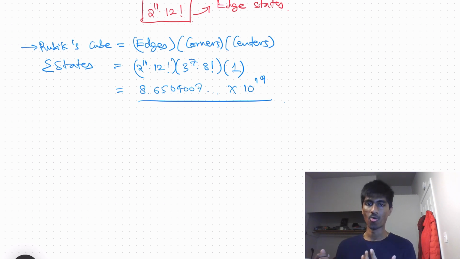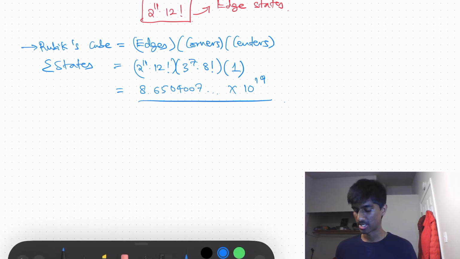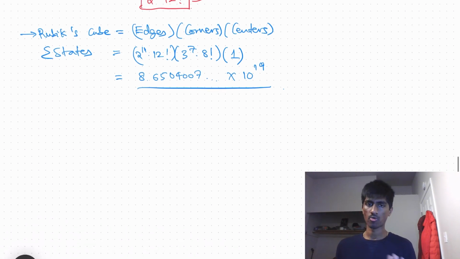I'm not going to say, oh, because it's half, we just divide by 2. No, that's not what's going to happen. But I will describe something else about the Rubik's Cube that you may not have considered, because quite frankly, it's something you do gloss over. Which is, so far, we've considered the corners and the edges to be separate entities. But there has to be a relation between the states of both, right?